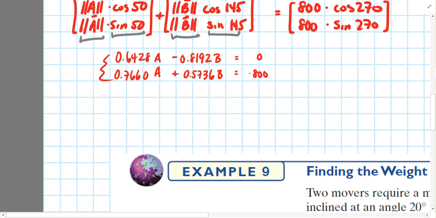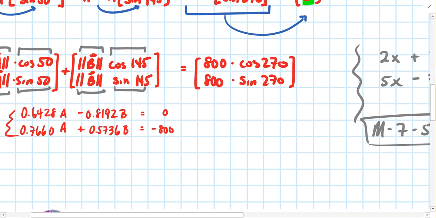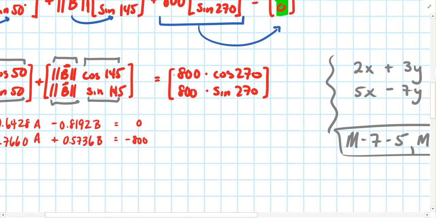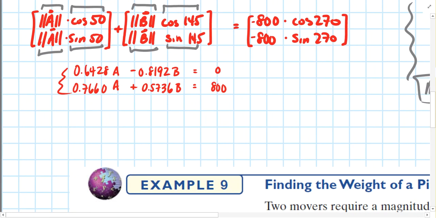Sine of 270 is negative 1. So 800 times sine 270 is negative 800, although I forgot to subtract this over. So I got ahead of myself doing two steps here. This should have been a negative 800 times each of those components. And so we have 0 and positive 800 as the result here.